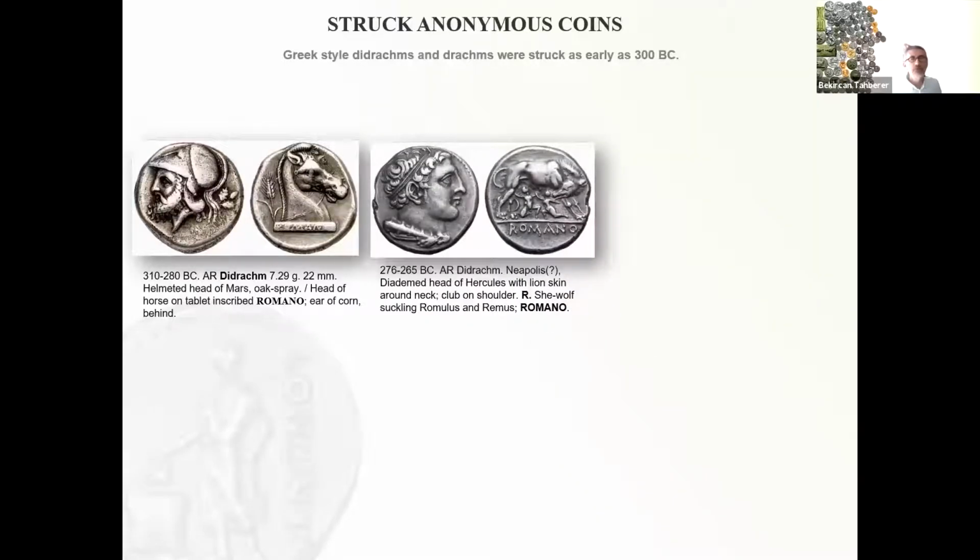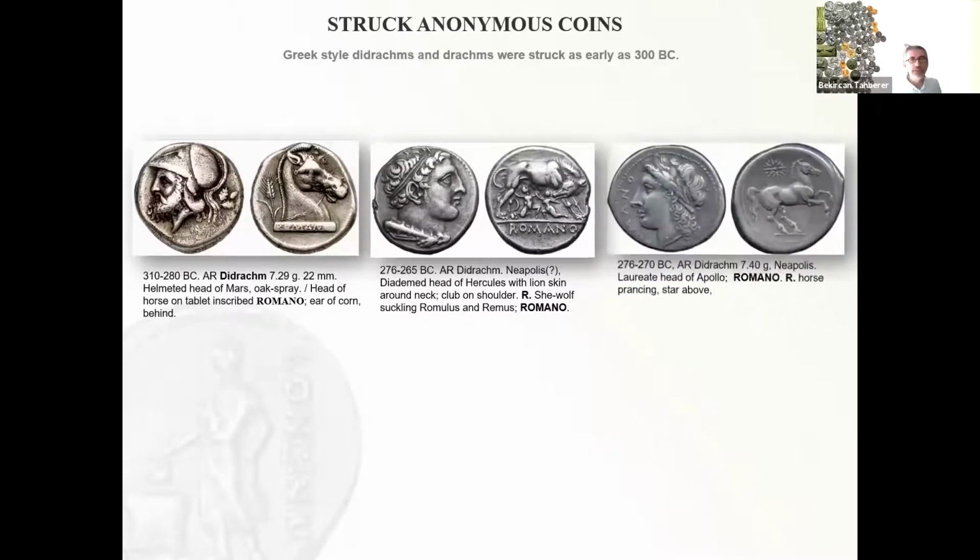And of course, the types are Roman, but the artistry is obviously Greek. And we cannot really talk about a Roman art at the beginning anyway. Very soon we're going to see the representations of the Roman art, and I hope you will see the difference between the Greek art and the Roman art, because it is quite distinctive.